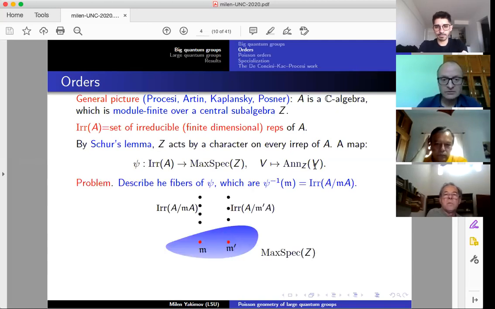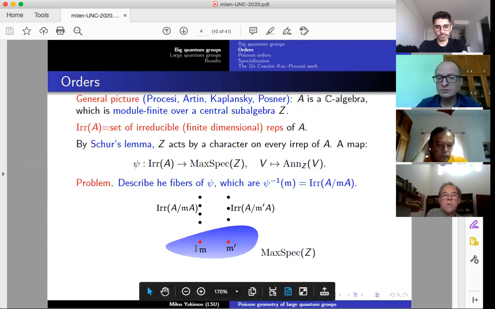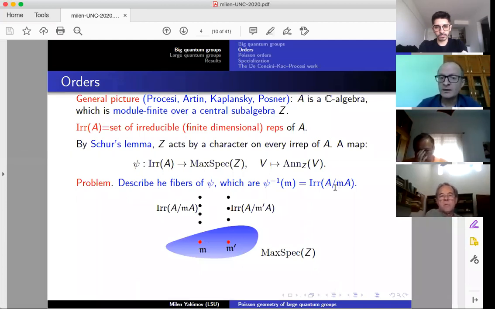So in other words, we have this nice fibration picture where on the bottom, we have the max spectrum of this commutative algebra Z. On top of each maximal ideal, you have the fiber that consists of all irreducible representations that are killed by M. But if you think, what does it mean that an irreducible representation is killed by M?